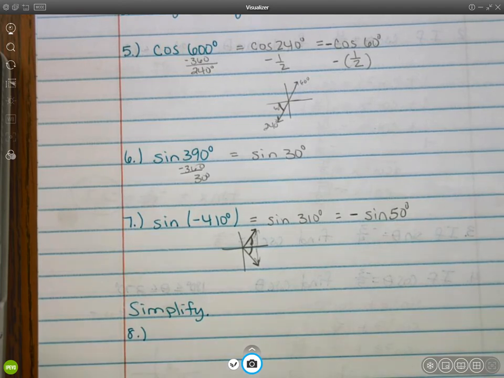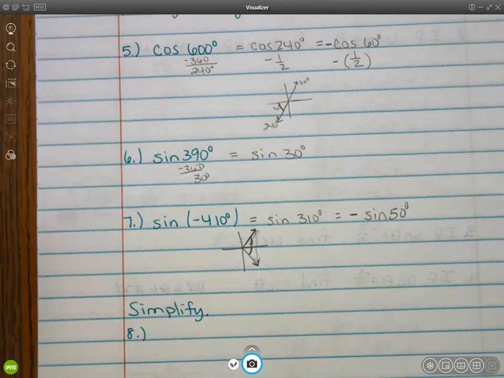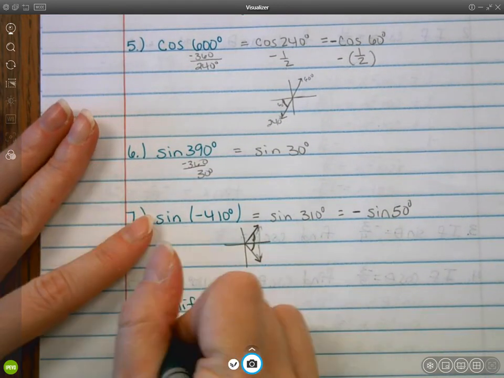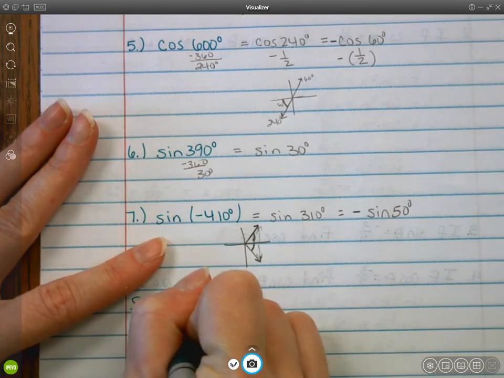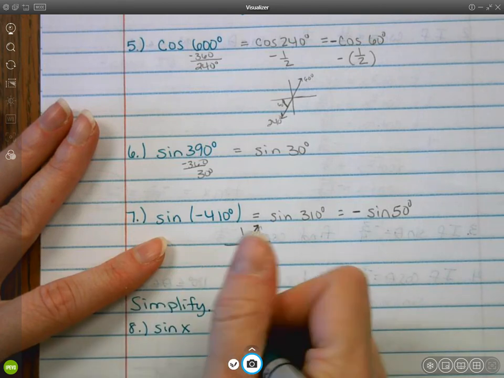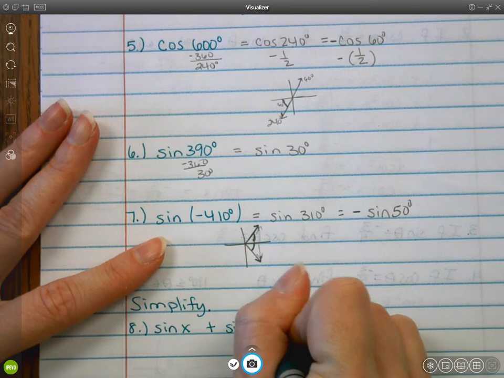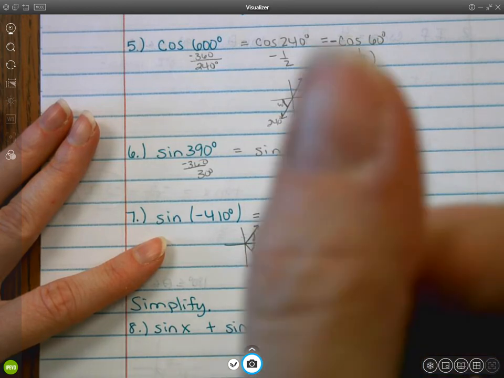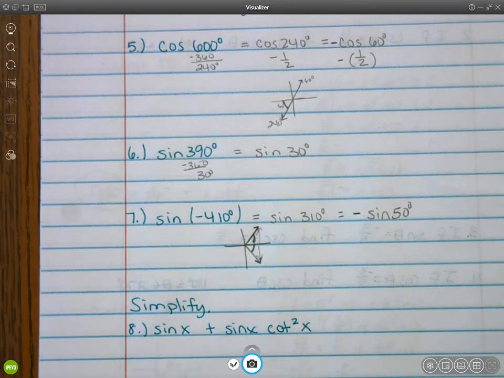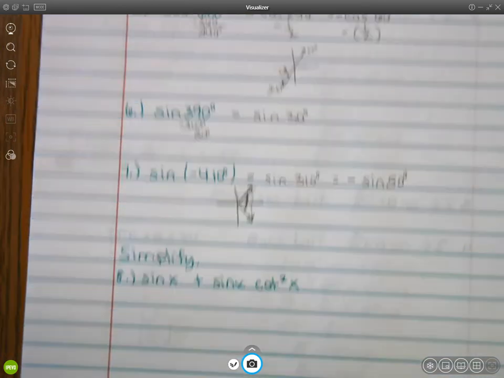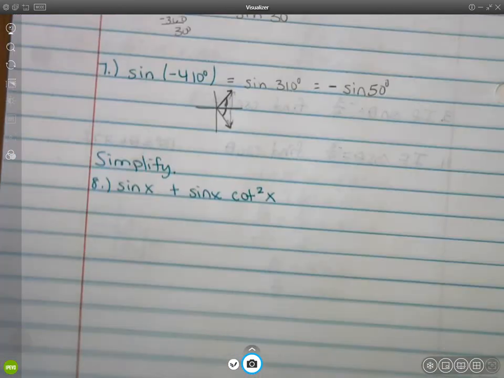Okay, I was second guessing my problem, but this is our problem, sorry. All right, so we have sine x plus sine x cotangent squared x. All right, so our goal is, can we figure out some way to simplify this?